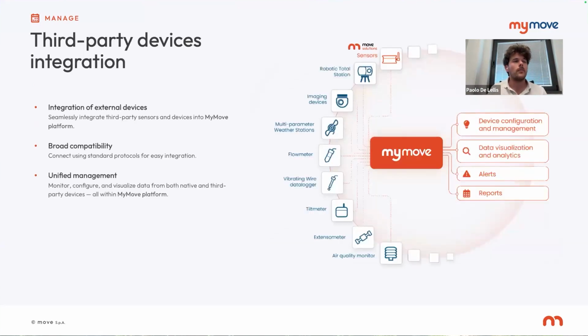But of course, another important step in our technology, in our software, is to give the possibility to connect not only our sensor to our platform, but also to integrate directly third-party devices. Third-party devices like, for example, total stations, cameras, or other types of sensors that you have, for example, already installed in the structure or in other applications.